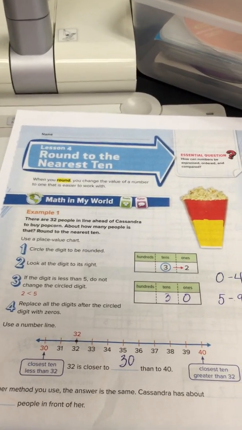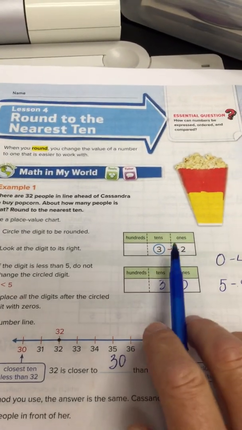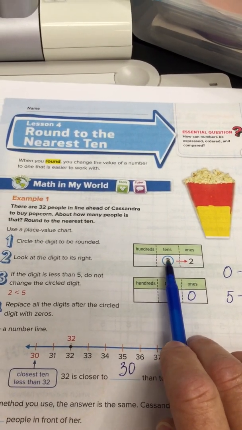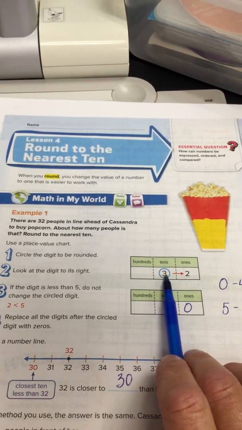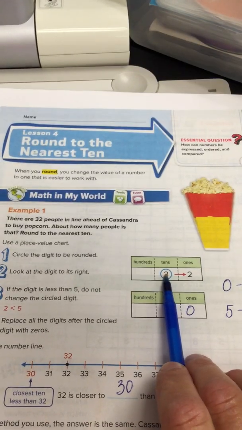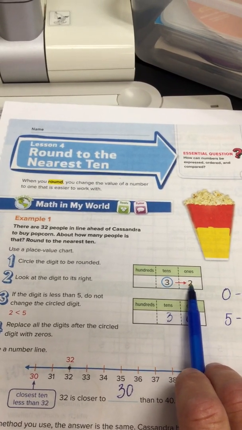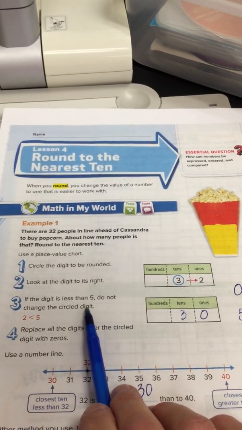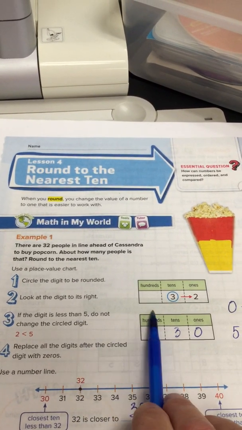So one of the strategies with rounding to the nearest 10 is this. It had me write 32 down and it says, okay, I want to round this number. That's called rounding to the nearest 10, determining what digit I want to round. So it has you circle the tens, and then it always has you look at the digit to the right. So it tells us in step 3 that if the digit is less than 5, do not change the circled digit.